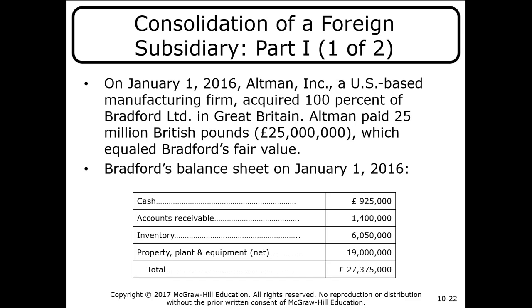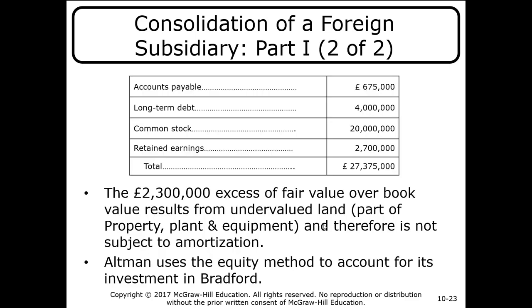So a quick example. On January 1, 2016, we bought for 25,000 million pounds 100% of this subsidiary in Great Britain. At that date, we had this as far as our assets, our liabilities, common stock, and retained earnings.